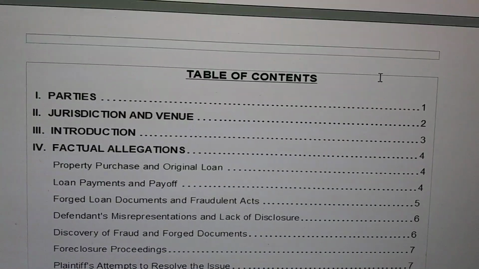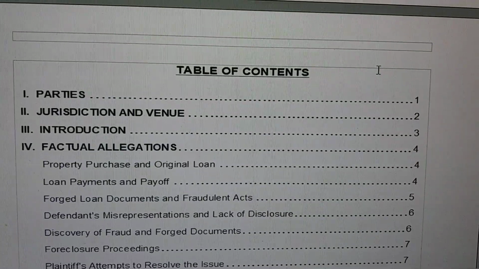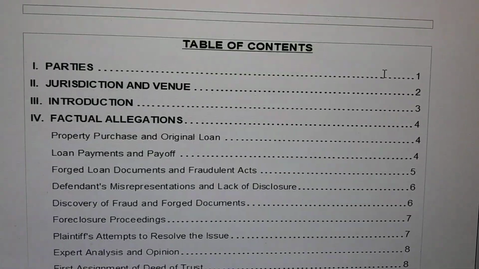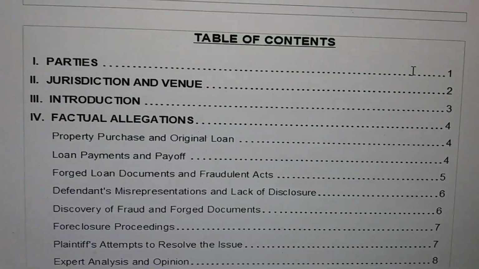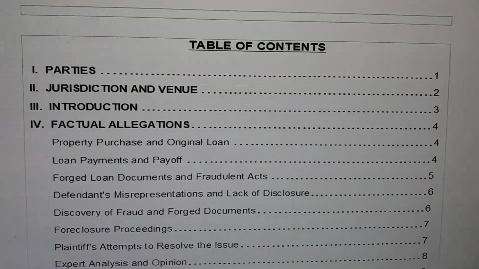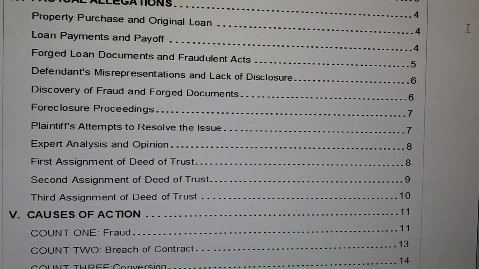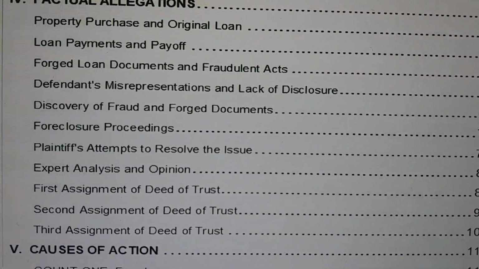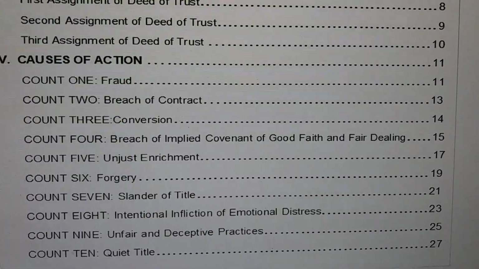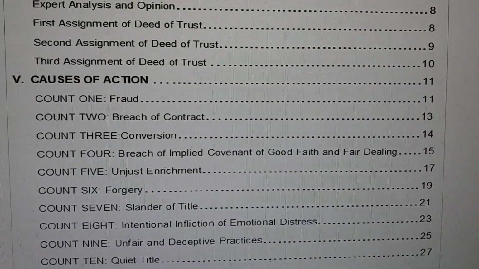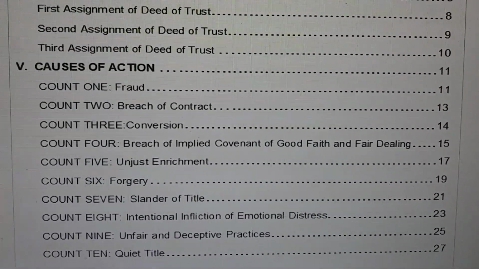Okay, so let's look at the table of contents. As you can see, a lot of the things here, you got your parties, jurisdiction and venue, introduction, factual allegations, and then we put in some subheadings to make it easier to read here. This has to do with her situation. And then your causes of action, and you can see she's got 10 of them, and each one has a separate count.